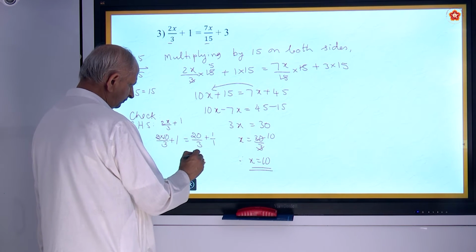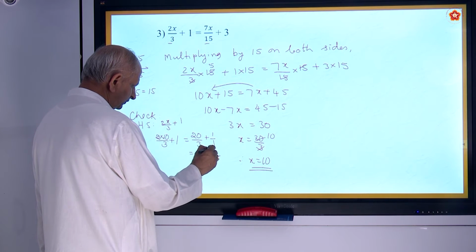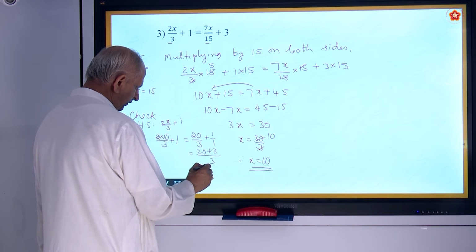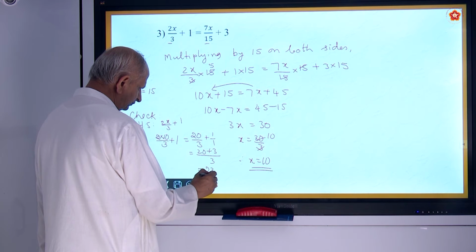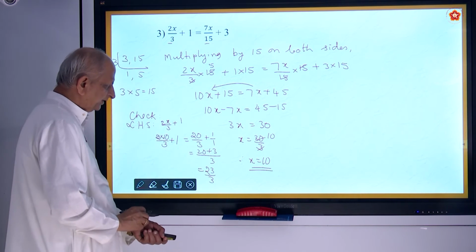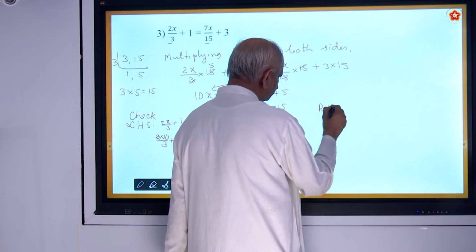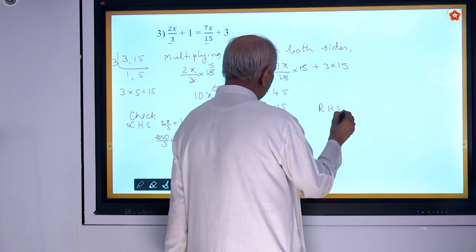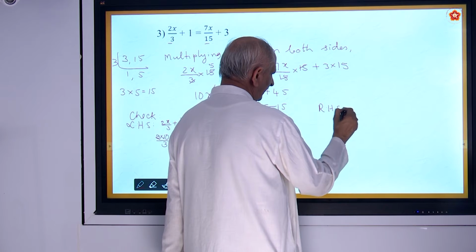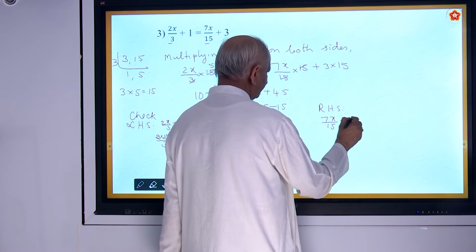If you take LCM 3, 20 plus 3. So you have 23 by 3. Correct? That is the left hand side. Coming to the right hand side. What is the right hand side? 7x by 15 plus 3.